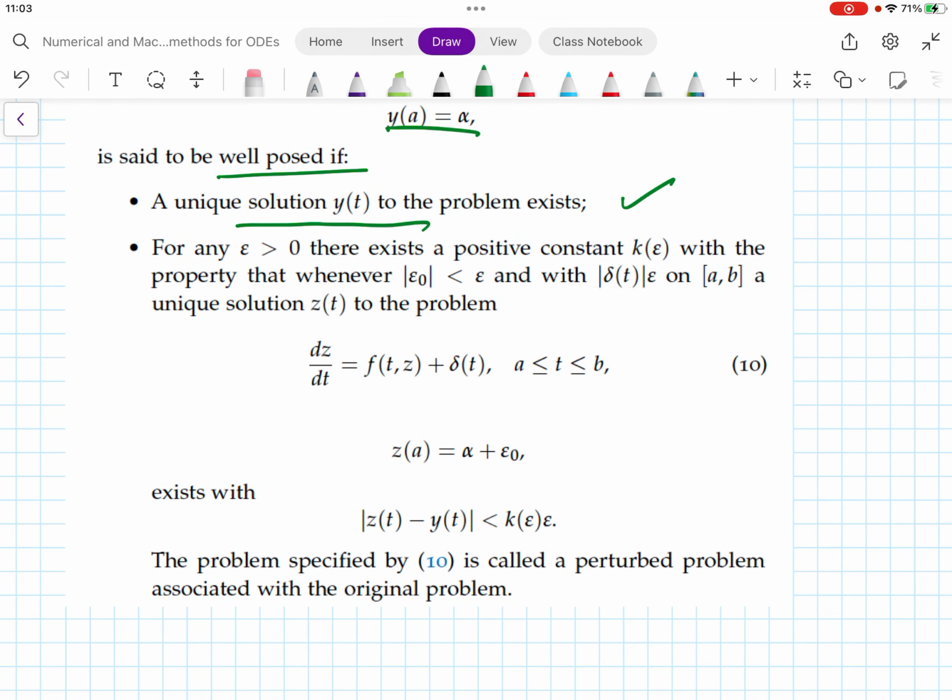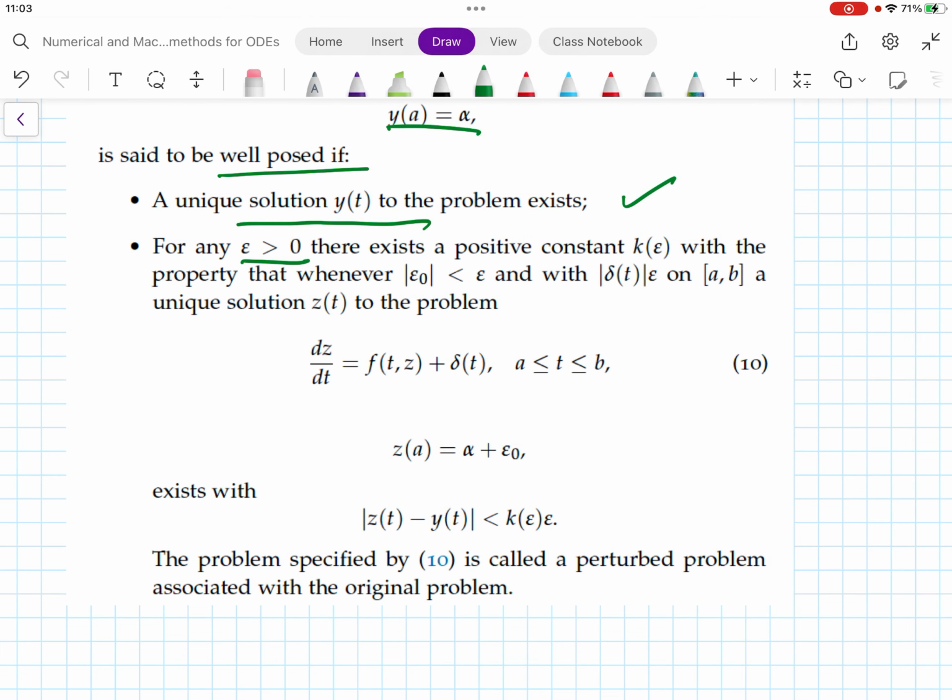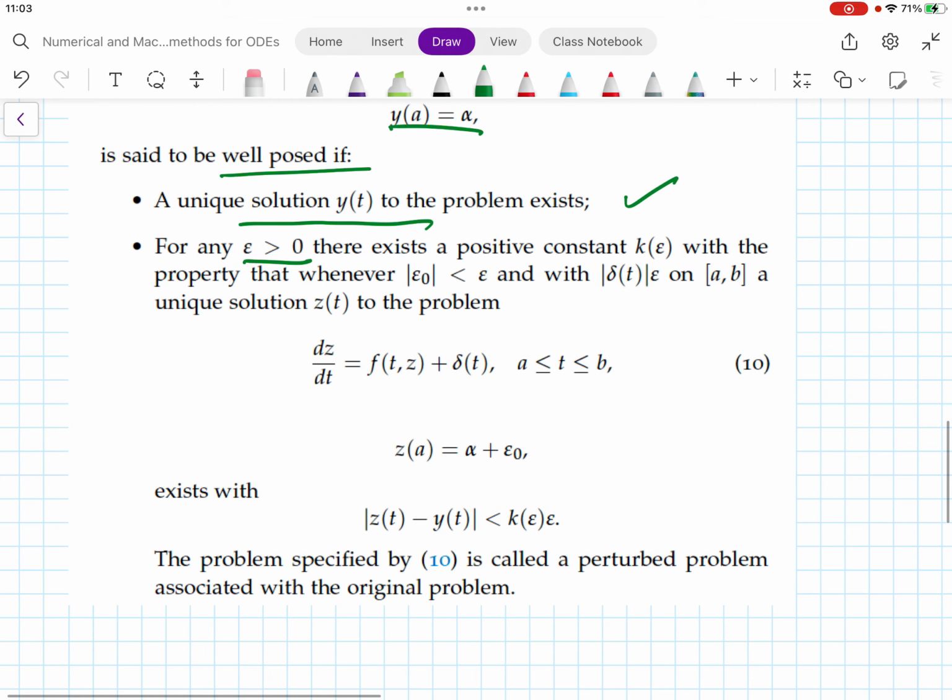And for a small epsilon, so always think of epsilon or a tolerance as a perturbation, there's a positive constant k(epsilon) with the property that whenever the absolute value of epsilon is less than epsilon naught, and we have some delta on our domain, there is a unique solution.